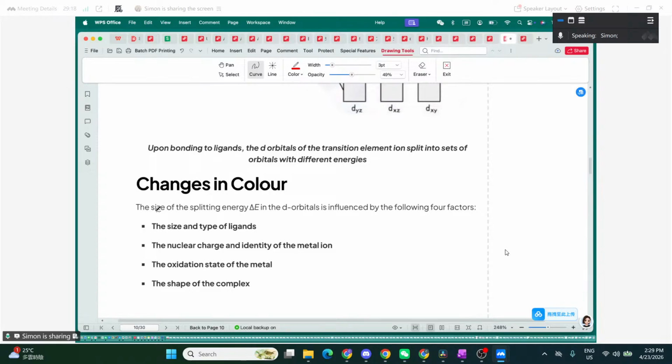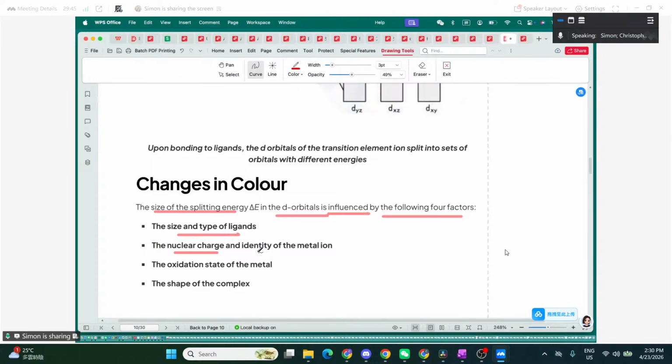After we know the size of the splitting energy, delta E, the energy level difference, the d orbital splitting is influenced by the following four factors. The first is the size and type of the ligand. The second is the nuclear charge and the identity of the metal ion.